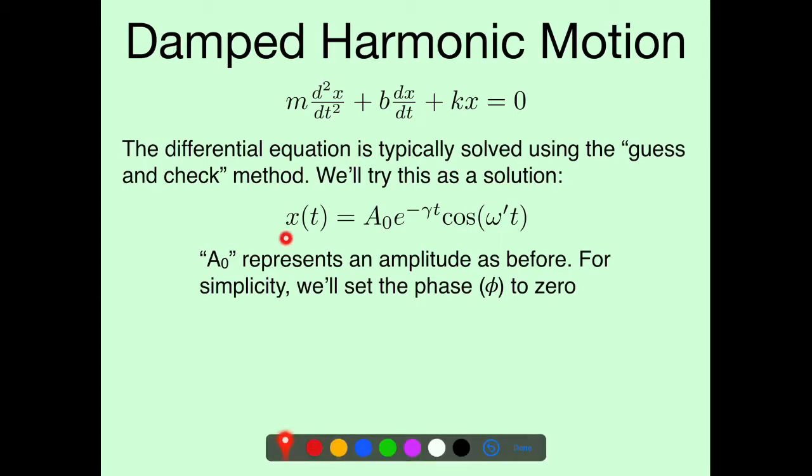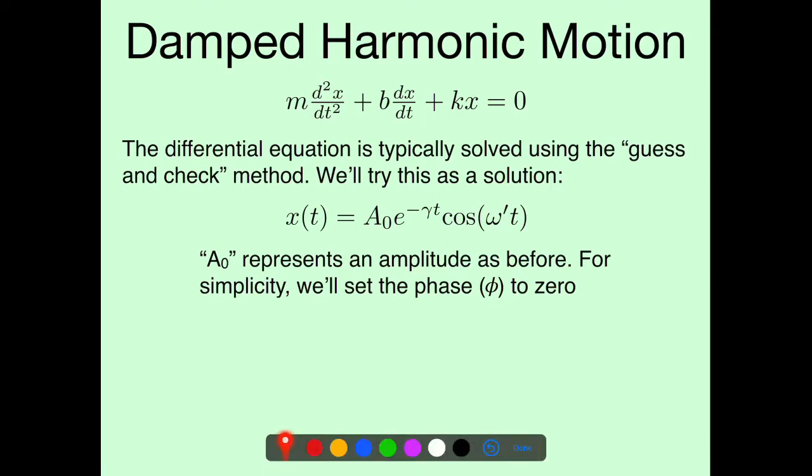We have x as a function of time equals a0 times e to the minus gamma t times cosine omega prime times t. So here, a0 represents an amplitude, just like before. And in the cosine function, we're going to set the phase, phi, equal to 0, just for simplicity.